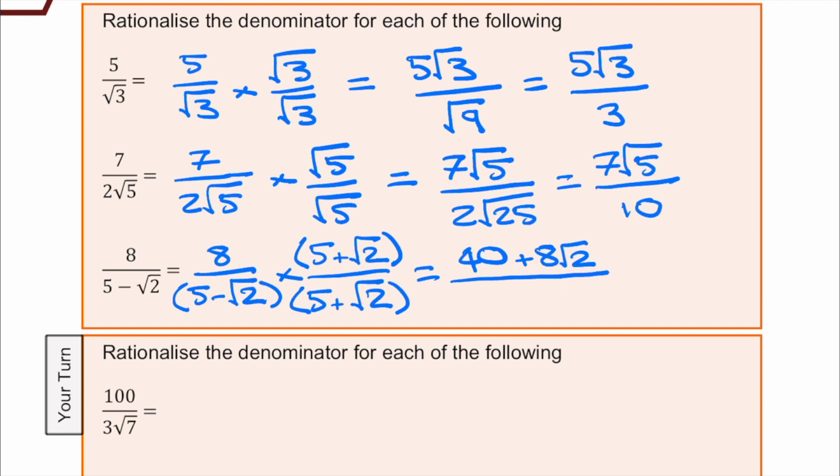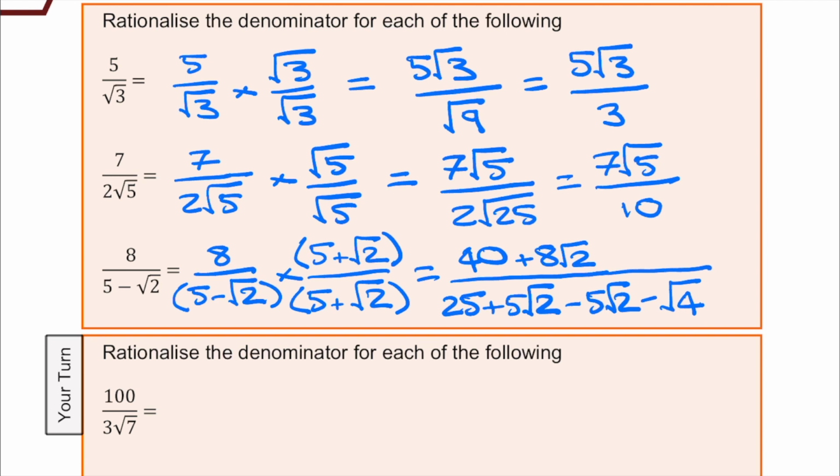You can see it's like expanding double brackets though. Goes back to the same skill as before. 5 times 5, 25. 5 times by root 2, 5 root 2. 5 times minus root 2 is minus 5 root 2. And minus root 2 times positive root 2 going to give us minus root 4.